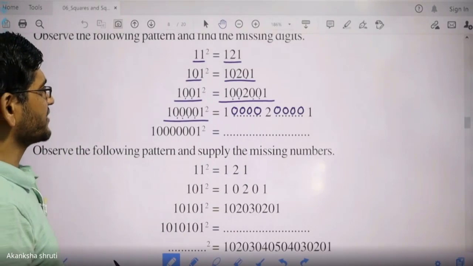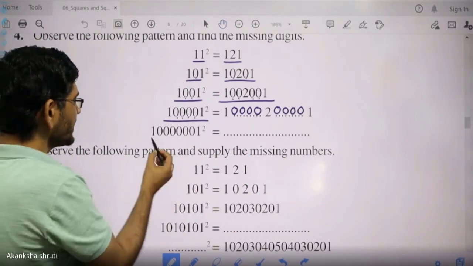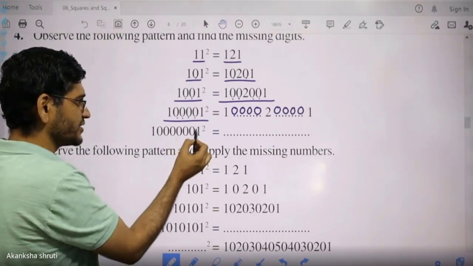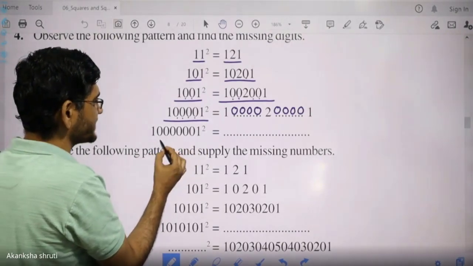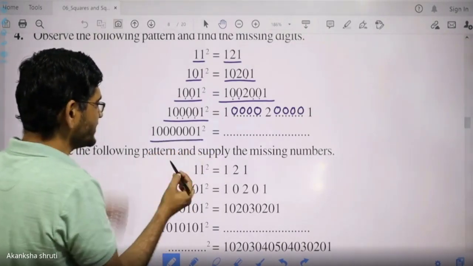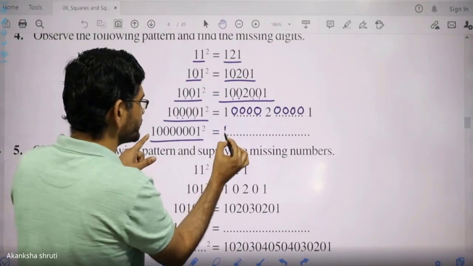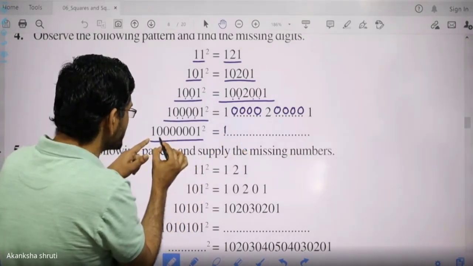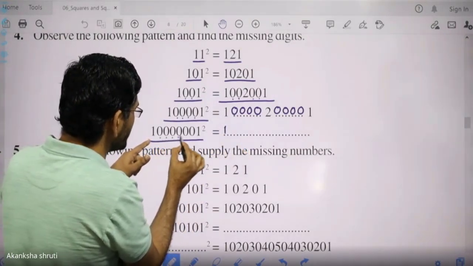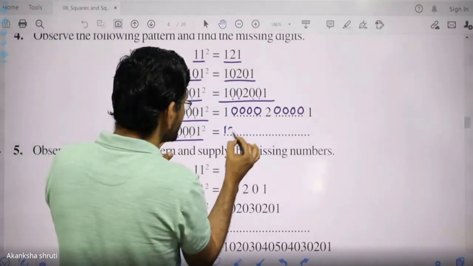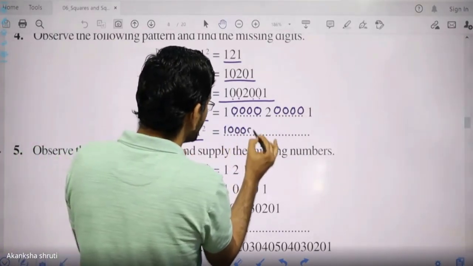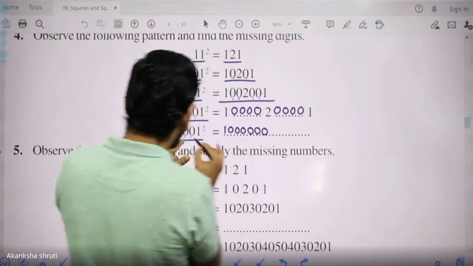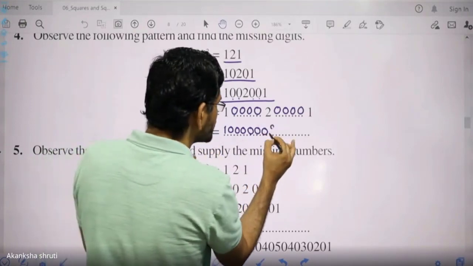Students, what are we observing? If we have 1 and the unit digit is also 1, at that time, the value is obtained by starting with 1. Write the number of zeros. 1, 2, 3, 4, 5, 6. 6 zeros. After that, we have to write the 2.